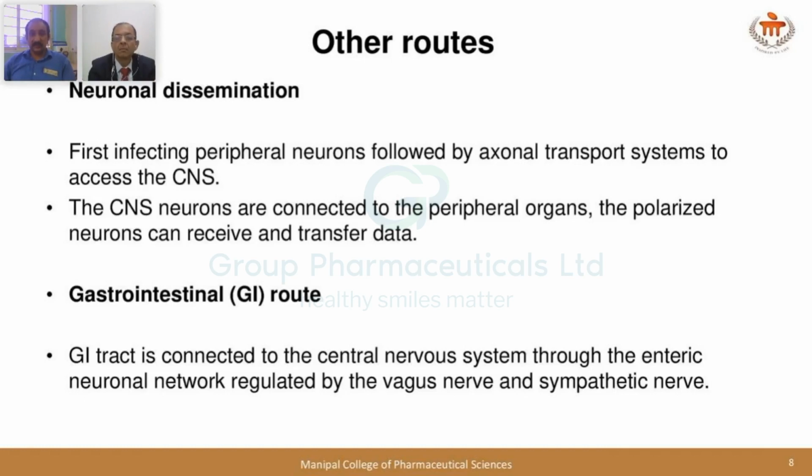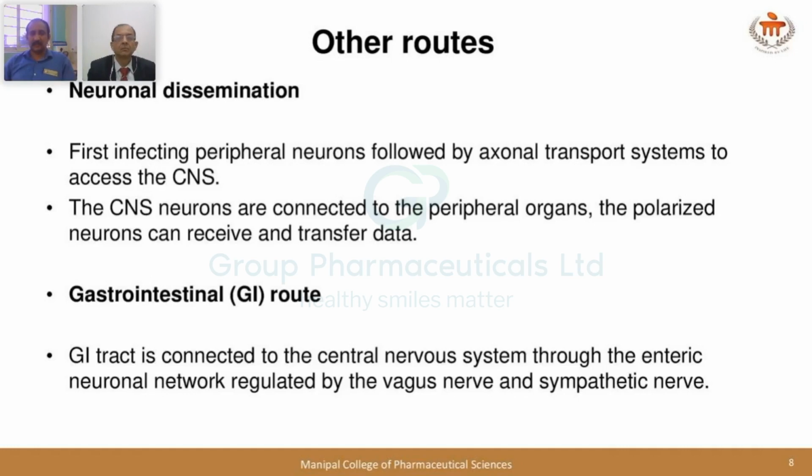This mechanism by which it flows into the CNS is called neuronal dissemination. The gastrointestinal route is another route, which has a connection with the enteric neuronal network, and this enteric neuronal network has a connection into the CNS, called the enteric nervous system. So these are the routes through which the SARS-CoV-2 virus can gain entry into the CNS.